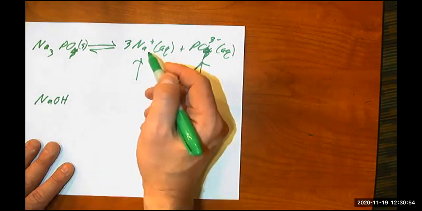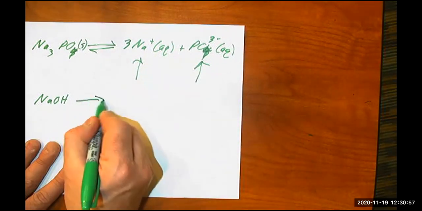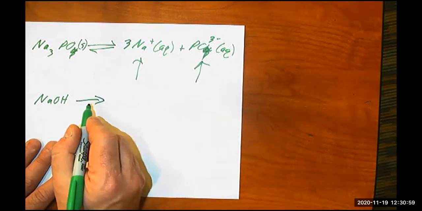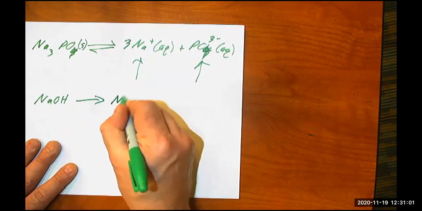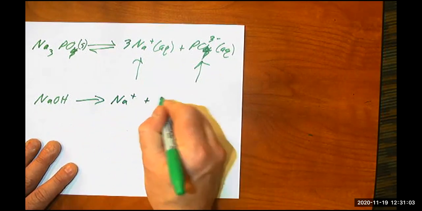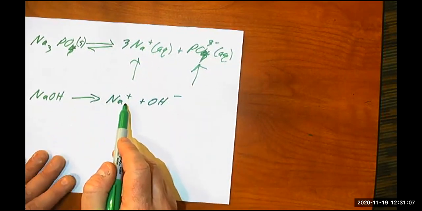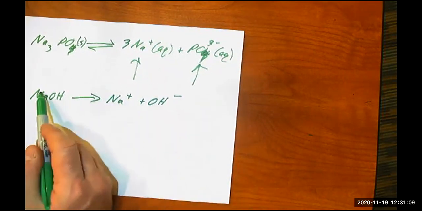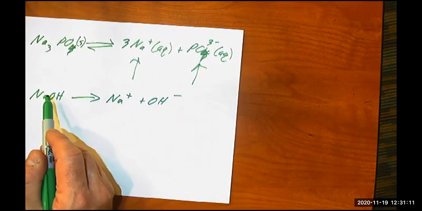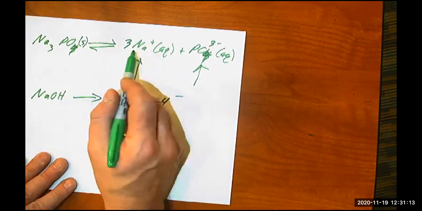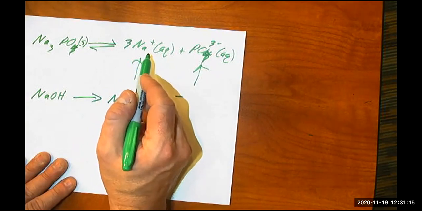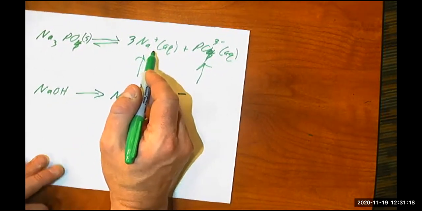Since that is a strong base reaction, it's a one-way arrow, not an equilibrium. And so putting sodium ions into solution will not shift the equilibrium back to the left because it is a one-way reaction. So the sodium does nothing in terms of affecting the pH.